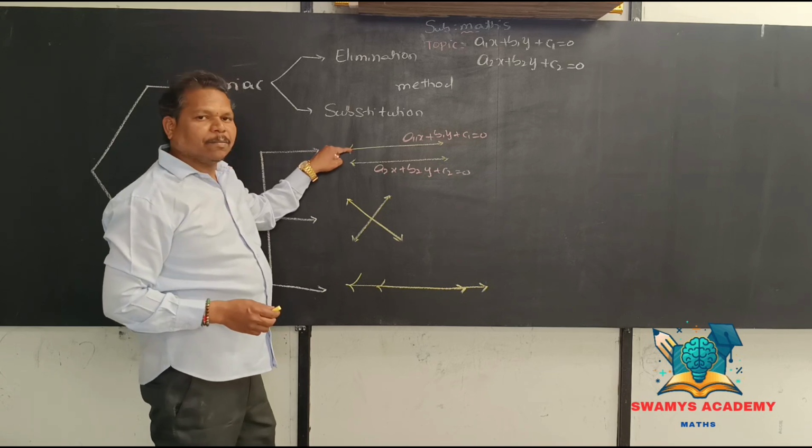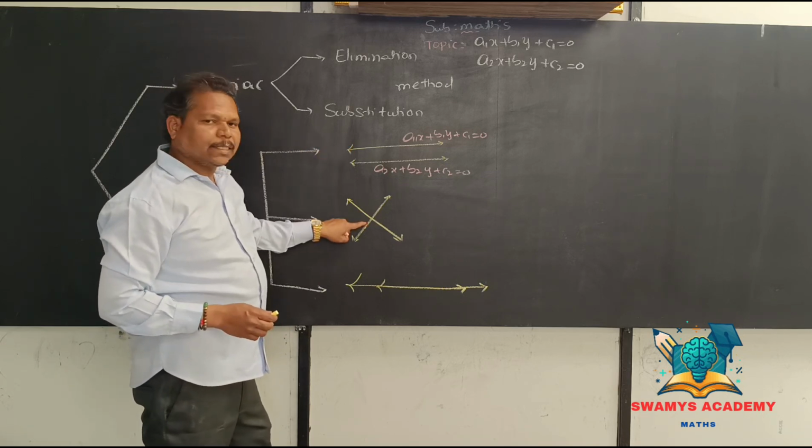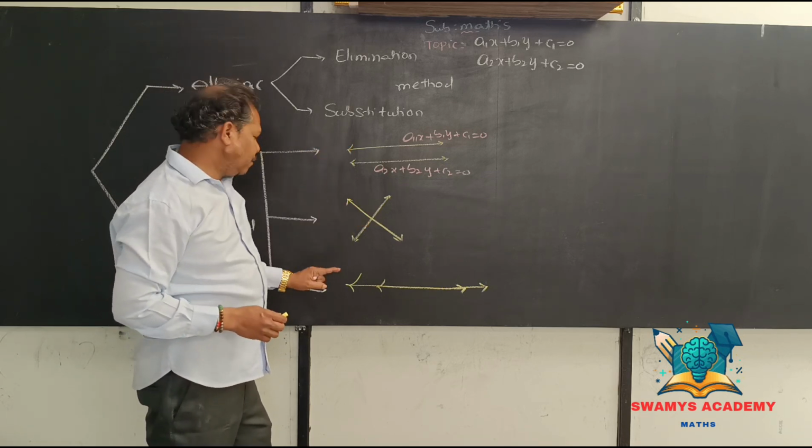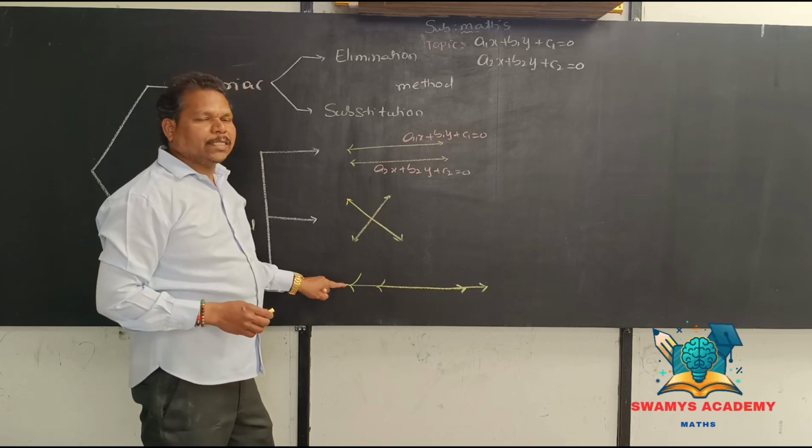So the first case is parallel, the second case is intersecting at one point, and the third case is coincident.